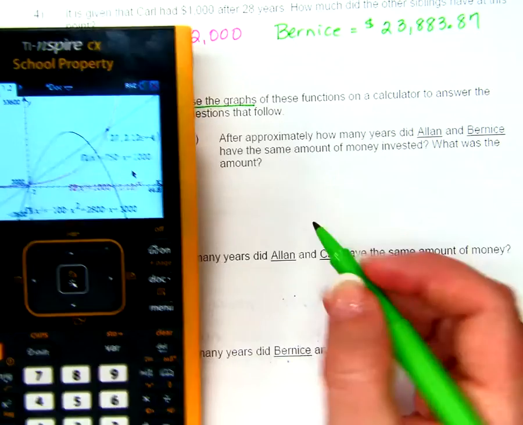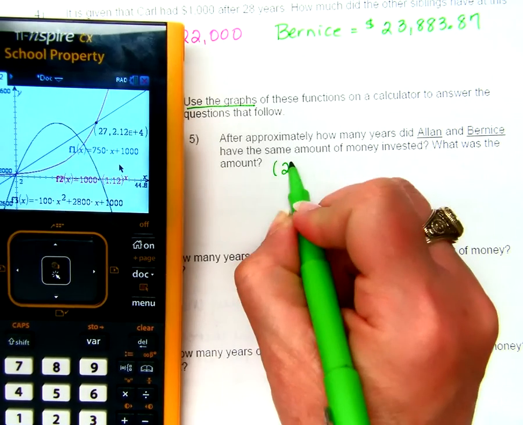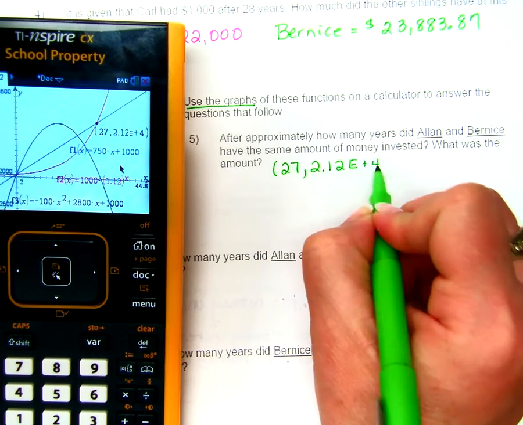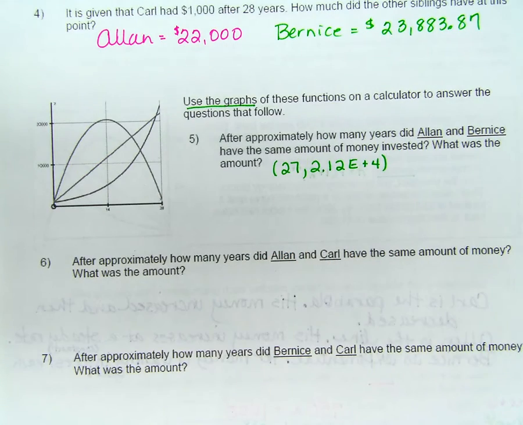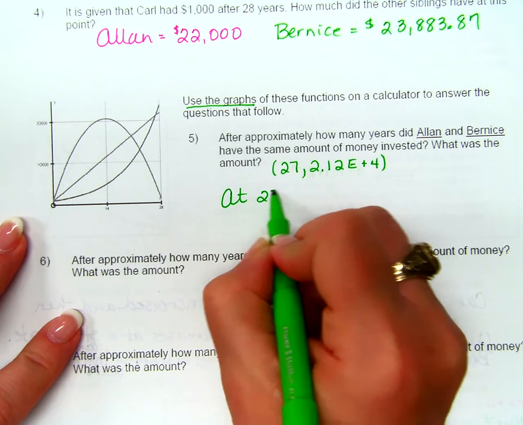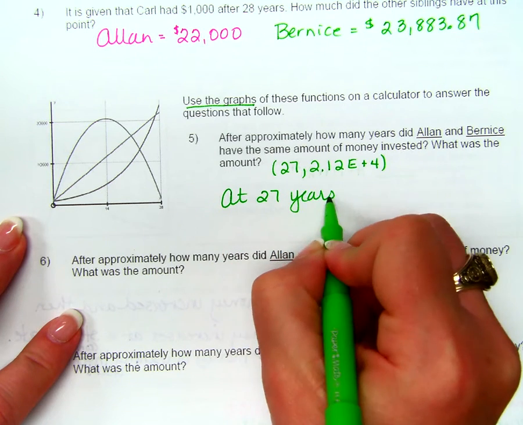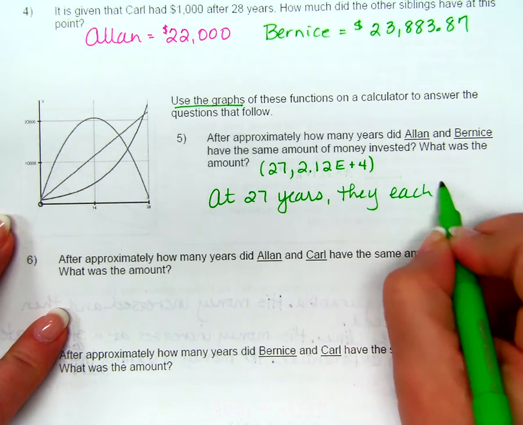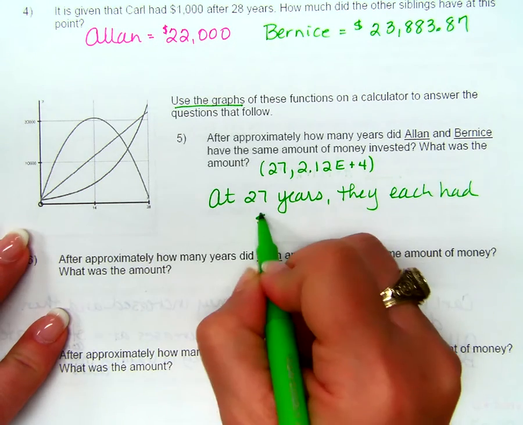So the point of intersection says 27, 2.12 E4. So we need to interpret that as mathematicians. What does that mean? At 27 years, they each had how much money?